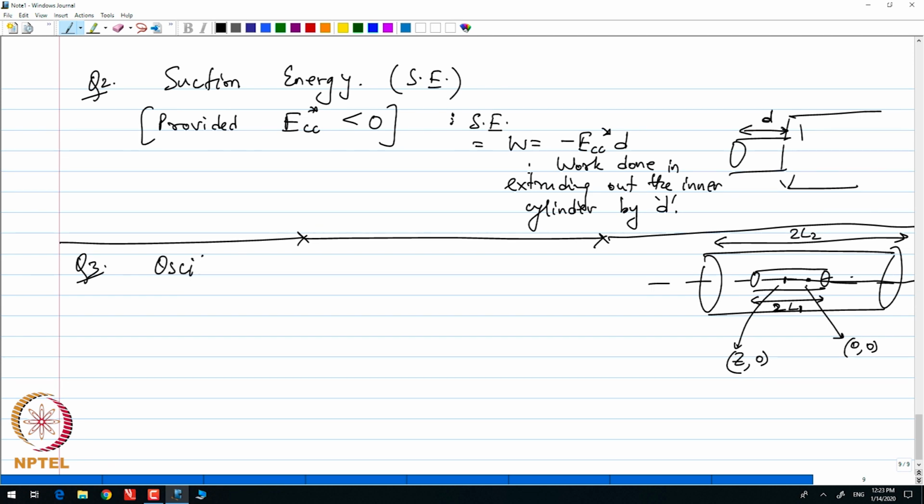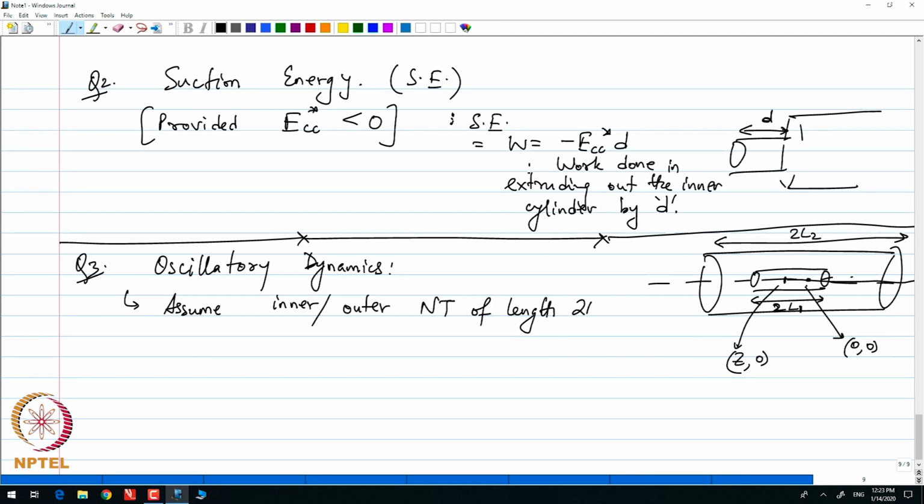To look at the oscillatory dynamics, let us assume inner and outer nanotubes of length 2 L 1 and 2 L 2, and we assume that the center of the outer nanotube is at the origin, 0 comma 0, while the center of the inner nanotube is at an initial point z comma 0.